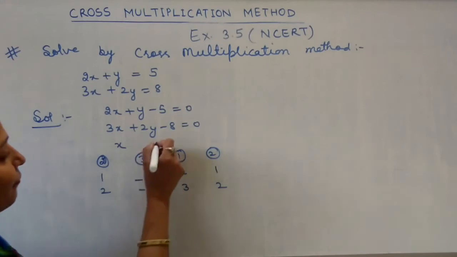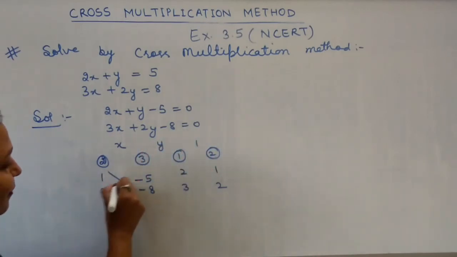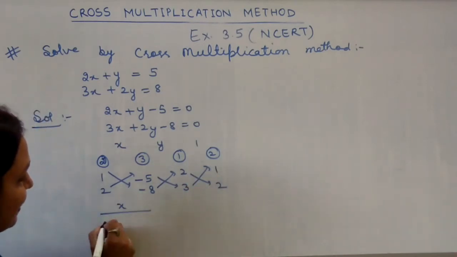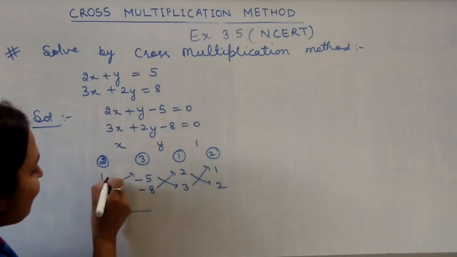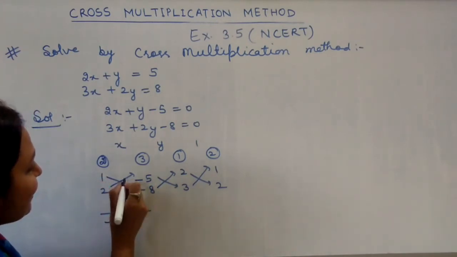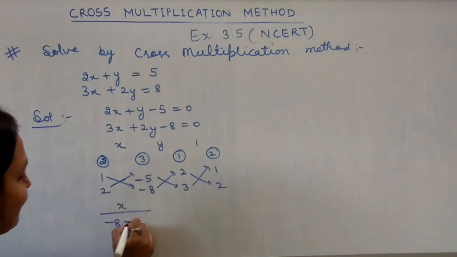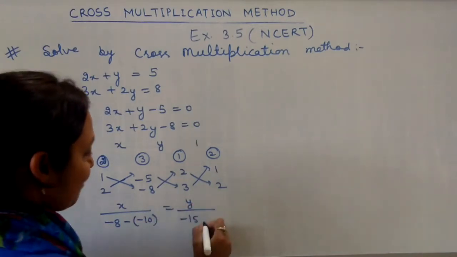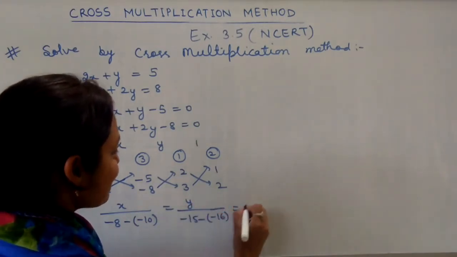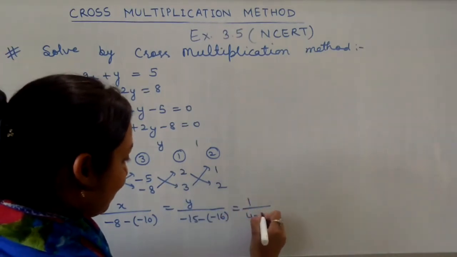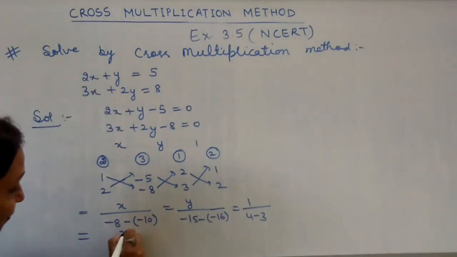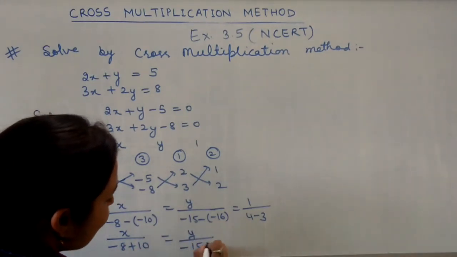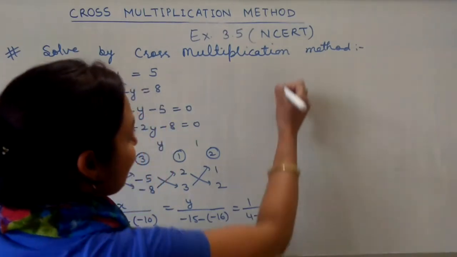In these two terms we will have x, y and then 1. Take the cross multiplication like this. x upon minus 8 minus 10, because when you multiply it by this value we will have minus 8 minus 10, is equals to y upon minus 15 minus 16, is equals to 1 upon 4 minus 3. x upon minus 8 plus 10, y upon minus 15 plus 16 is equals to 1 upon 1.